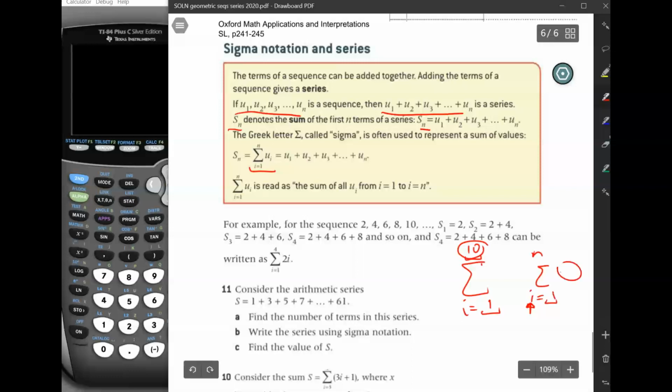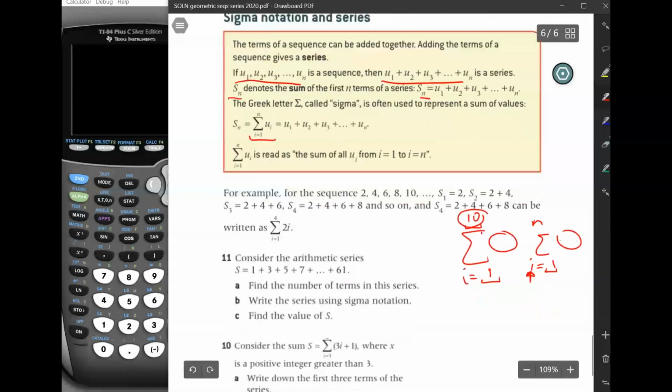What do you put inside here? Basically what you put inside here is the general term. If you remember when you do arithmetic sequences, the general term is un equals u1 plus n minus 1 times d. So since we're using I instead of n, you would put u1 plus I minus 1 times d.